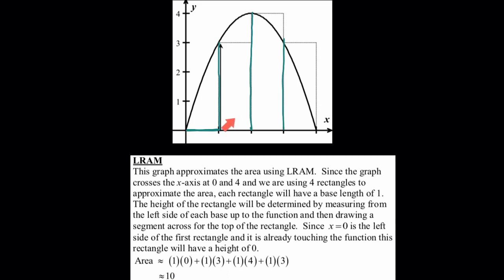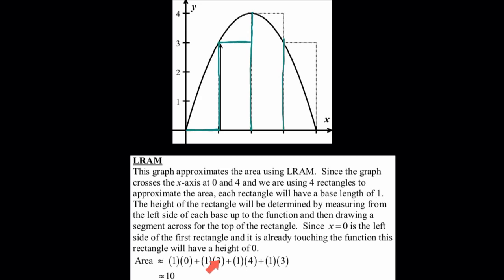This is your next rectangle. For your second rectangle, the height here is determined by where the left side of that rectangle hits the function. And so that is determined right here. And the next, well, the base is still 1.